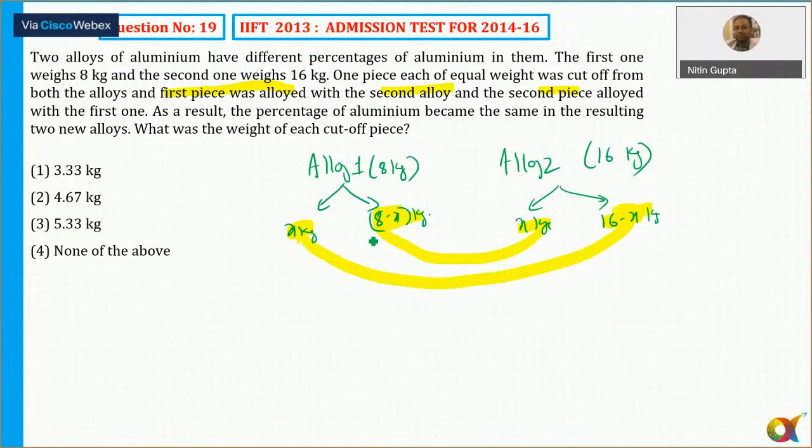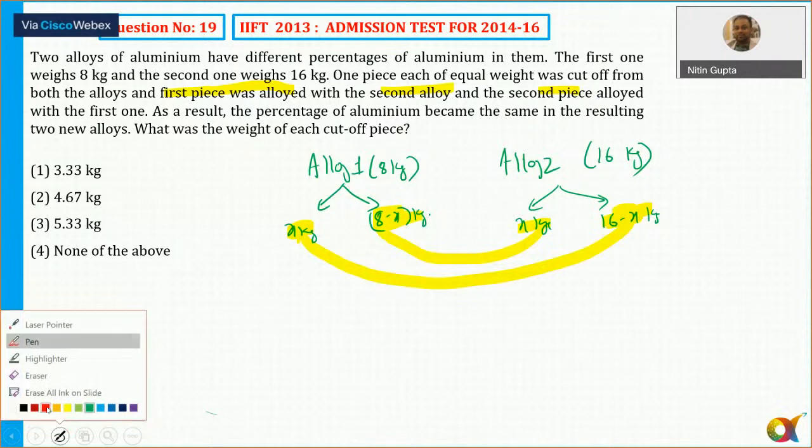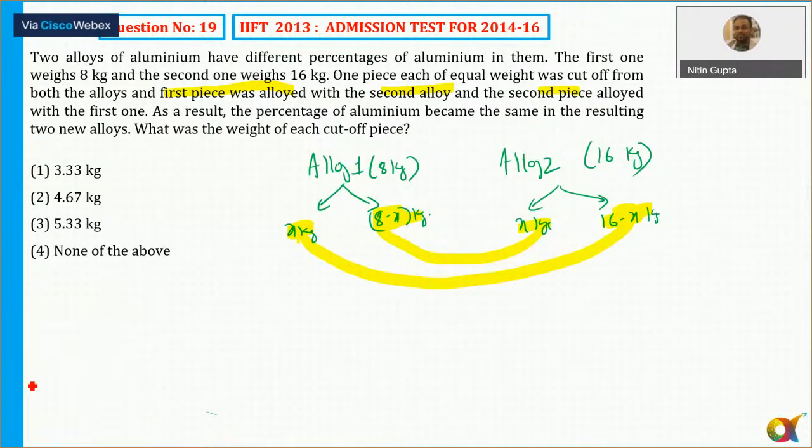Because of which the percentage of aluminium becomes the same in the resulting two alloys. दोनों में एल्युमिनियम की जो परसेंटेज है वो अब क्या हो गई, सेम हो गई. जो एल्युमिनियम की दोनों में डिफरेंट थी. अब कितनी थी वो मुझे नहीं पता है. इसमें एल्युमिनियम की परसेंटेज मैं ले लेता हूं. ओके, लेट्स से 100. ठीक है, एल्युमिनियम की परसेंटेज ए और बी ले लेता हूं मैं.